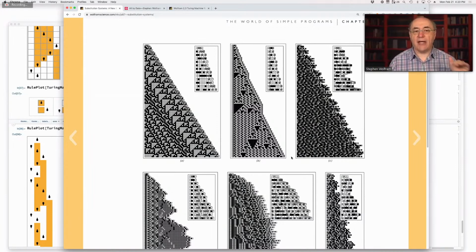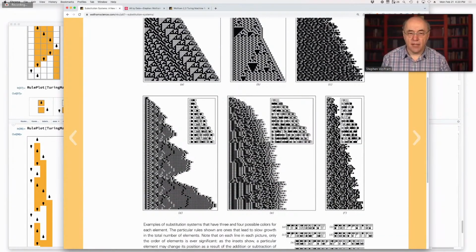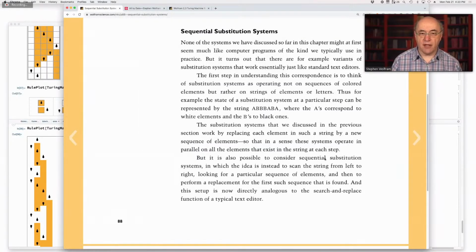But as soon as you have any neighbor dependence, all bets are off, and you can have very complicated behavior. Here are some examples of neighbor-dependent substitution systems. It's a bit like a cellular automaton, except that the total number of cells can expand or contract, and that's what you see in these cases. Same kind of behavior.